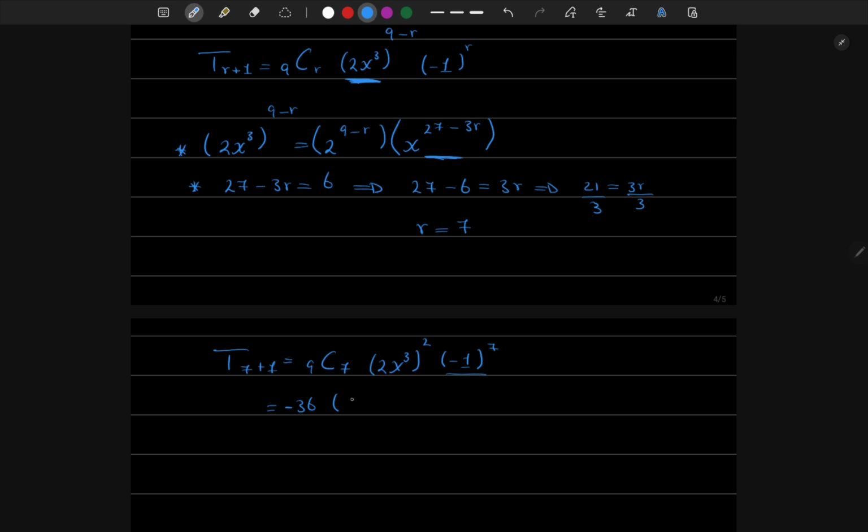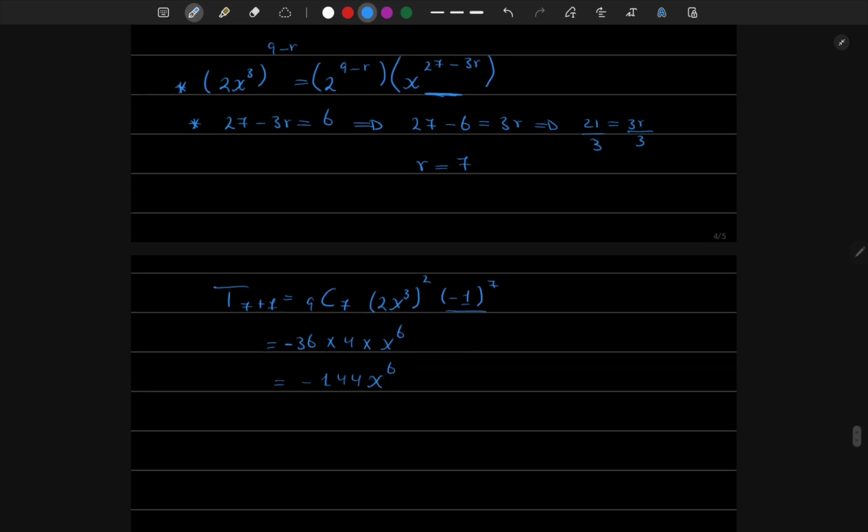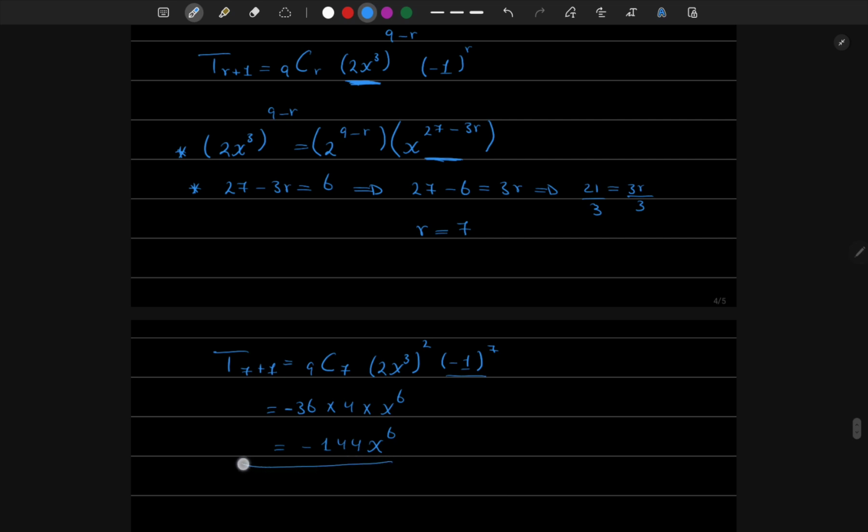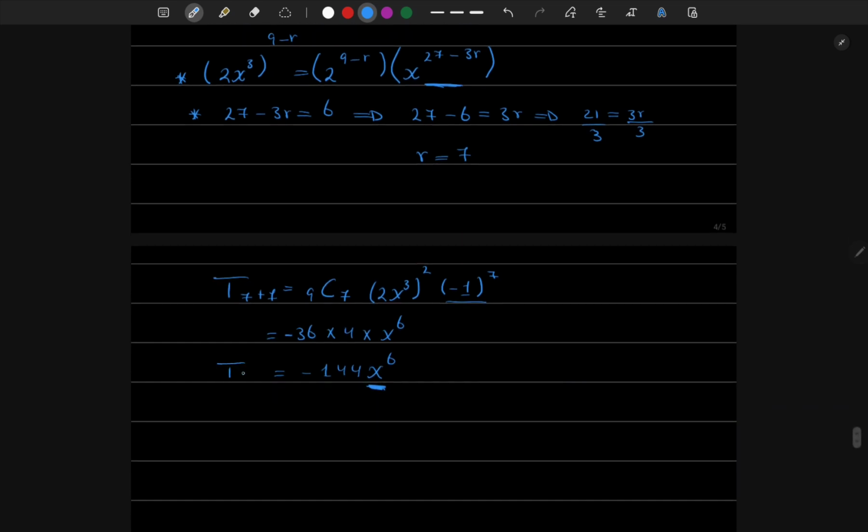This is multiplied by 2 to the power of 2, which is 4, and x cubed to the power of 2 is x to the power of 6. And this equals negative 144 x to the power of 6. And so now I have found the term that contains x to the power of 6, which is actually the 8th term, or term 7 plus 1.